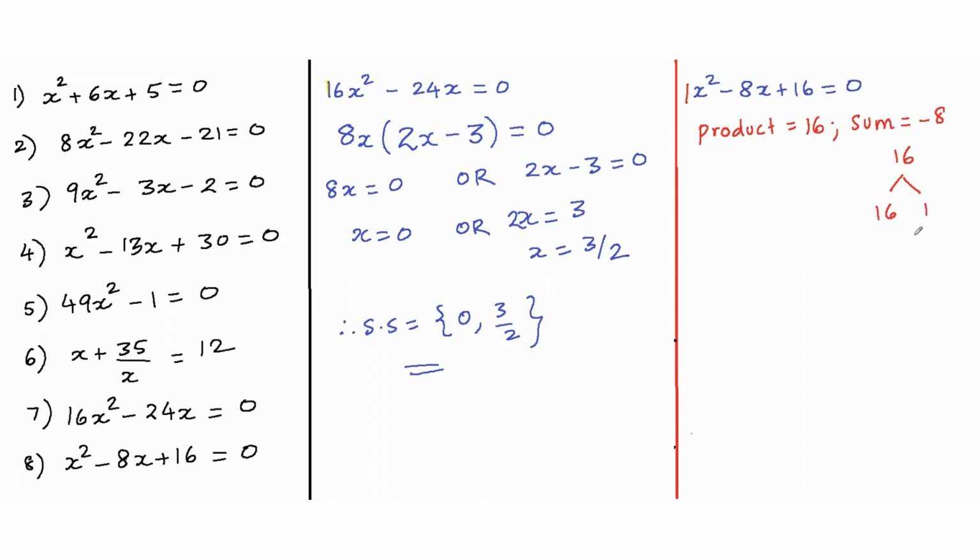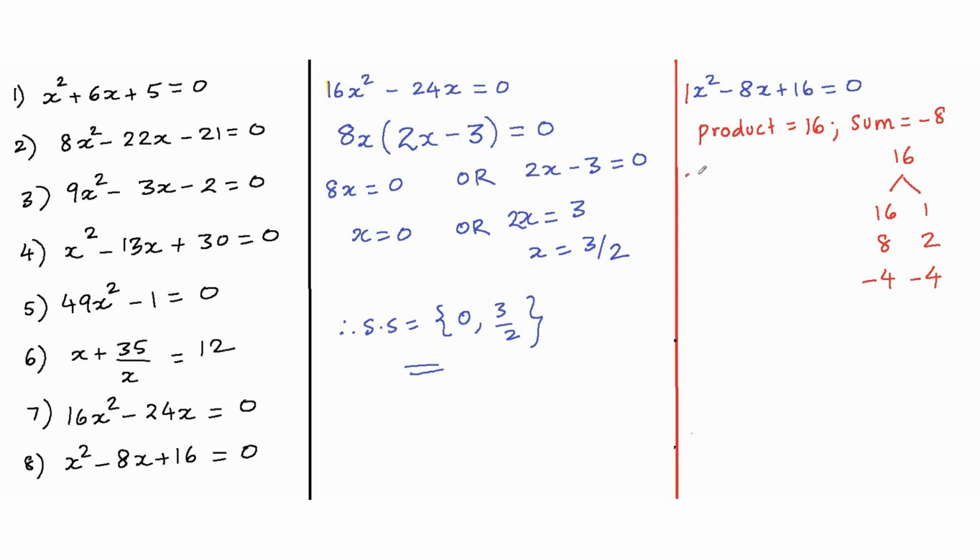Of course, 16 ones is an option, but that doesn't give me a sum of 8. Or I can also try 8 twos, but 8 twos also doesn't give me a sum of 8. Or I could also try 4 fours, and I think 4 fours will give me a sum of 8. The product is positive and the sum is negative, which means both my numbers have to be negative.